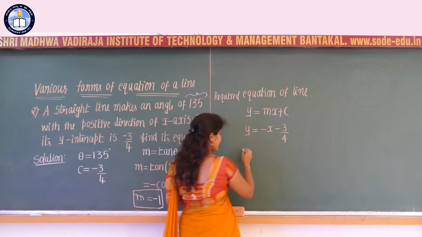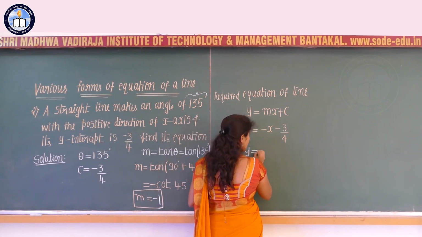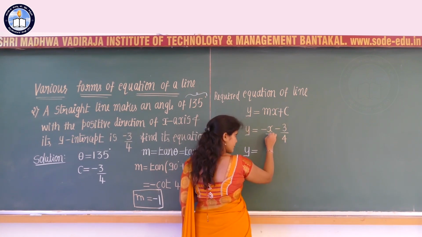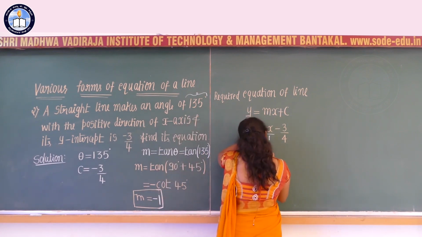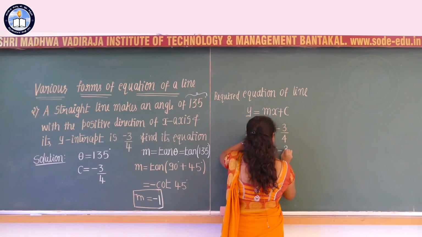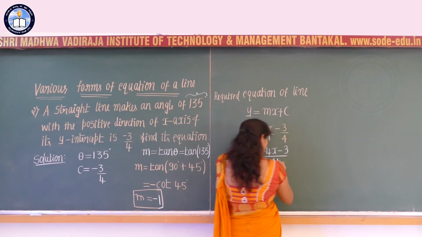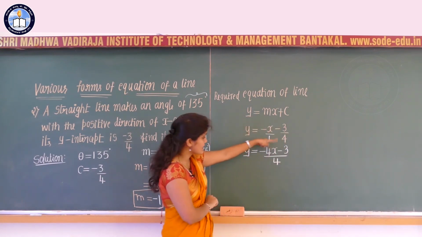Or this can be written as y is equal to minus x, that is nothing but minus x by 1, 4 multiplied with x, that is minus 4x minus 3 divided by 4. You can write the solution from this step within one line.